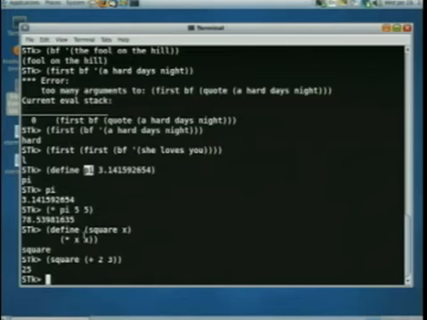And the same here. Square x, well, if I haven't defined square yet, this doesn't mean anything. And this, although it looks as if it means something, it actually doesn't until we substitute some value for these x's, right? So define is what's called a special form.